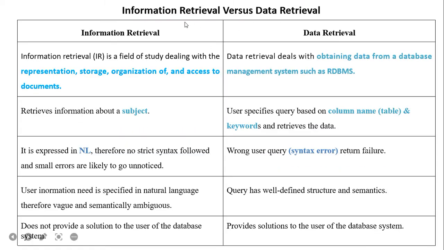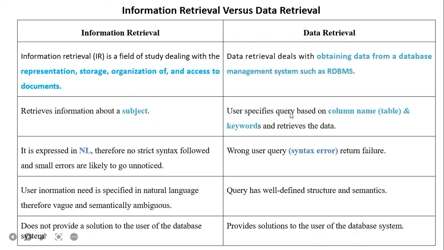Now the next point is the differences between information retrieval versus data retrieval. Information retrieval is a field of study dealing with the representation, storage, organization of, and access to documents. Data retrieval deals with obtaining data from a database management system such as an RDBMS. It retrieves information about a subject.